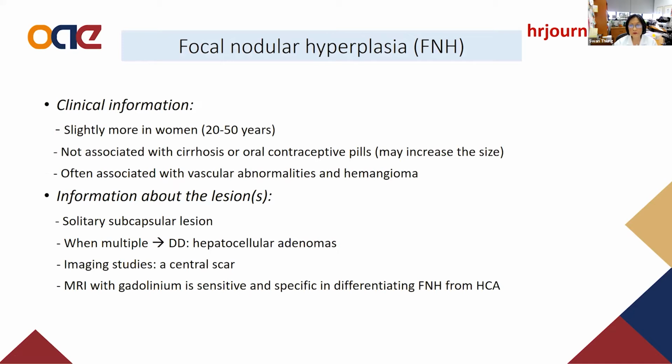So how about focal nodular hyperplasia? It's such a clear entity. However, it seems to still give some problems to pathologists. Focal nodular hyperplasia is slightly more common in women, 20 to 50 years, not associated with cirrhosis or oral contraceptive steroids, and often associated with vascular abnormalities and hemangioma.